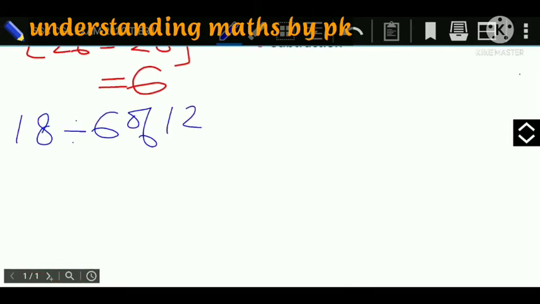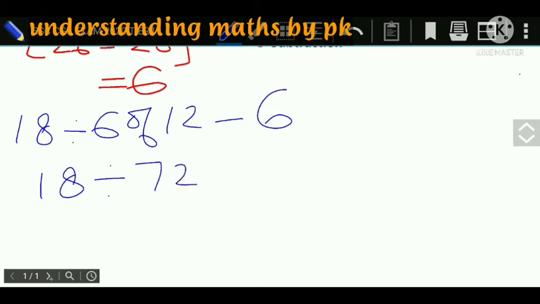So this will be left as 18 divided by 6 of 12 minus 6. Now, based on the BODMAS concept, before division, of will be solved. So 18 divided by 6 of 12 means 6 into 12, and 12 6s are 72, minus 6.